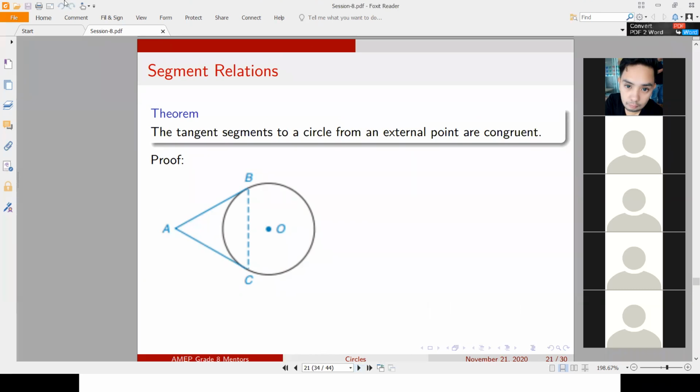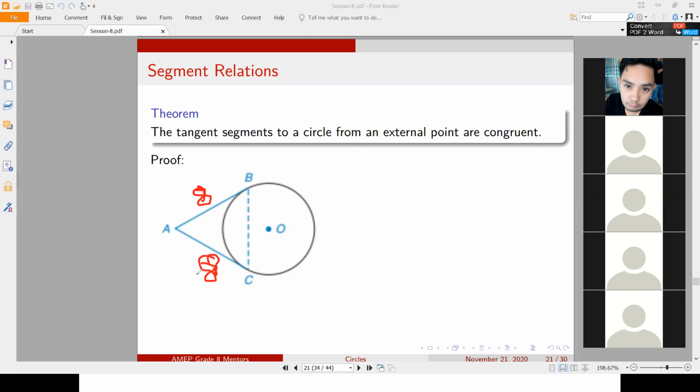So, ibig sabihin, example, if AB is 7, then AC is also 7. Tapos. Lagi silang magkapareho. Clear po? Yes, sir. If AB is 8, then AC will also be 8. Hirap, no?